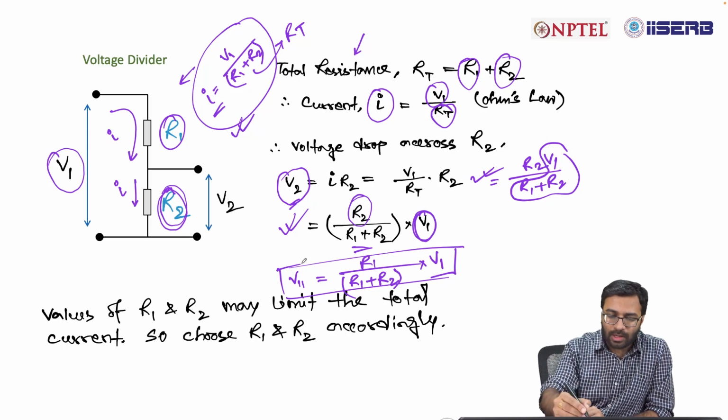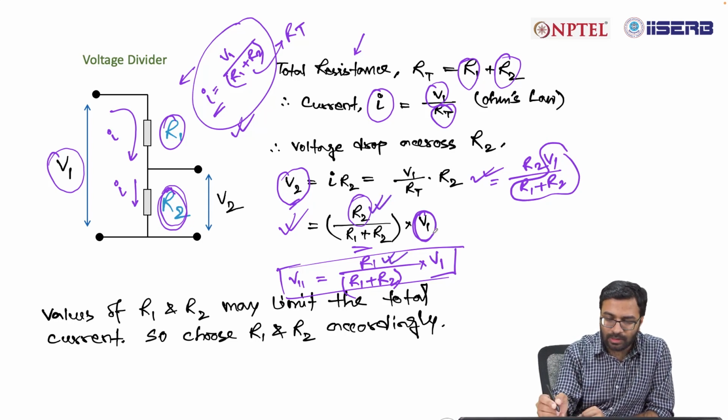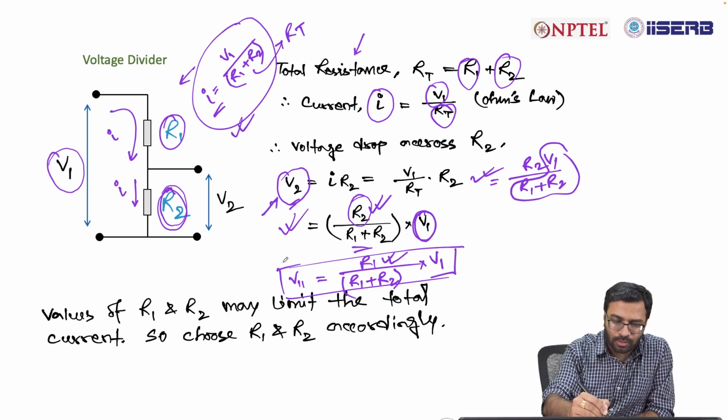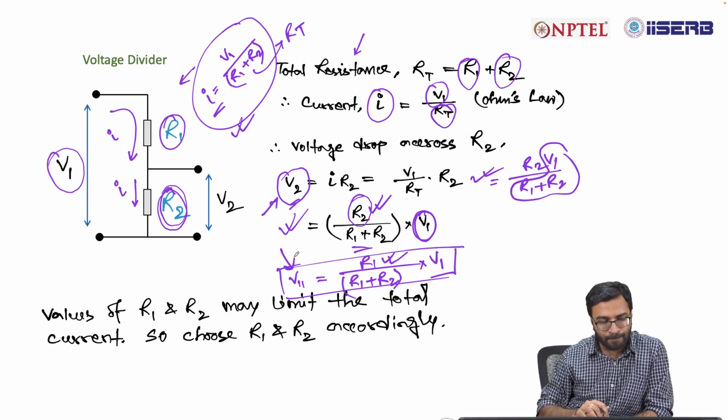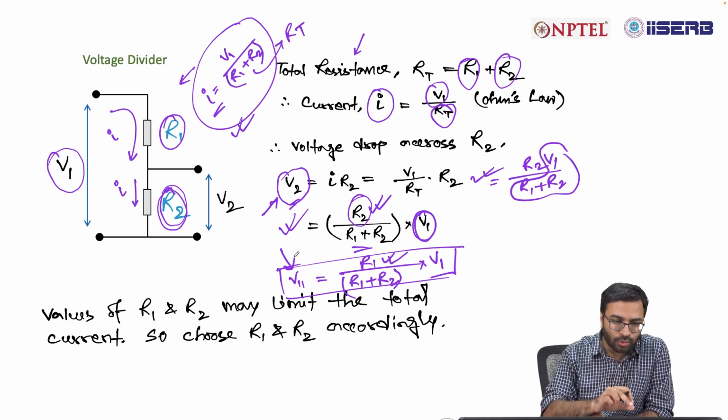Now the values of R1 and R2 you can vary in order to vary the voltages V2 and V11. So this is a voltage divider circuit that people usually use in order to connect sensors, especially resistive sensors, to a system.